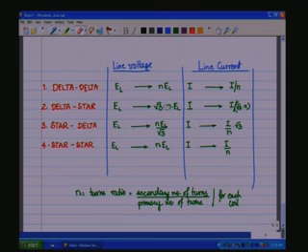So, therefore, in the case of the delta star, the insulation breakdown specification is 1 by root 3 lesser than in the case of the delta for the same primary secondary voltages, because here the secondary phase coil and the primary phase coil are seeing a difference of n times EL, whereas here for the same secondary voltage, the primary and the secondary phase coils are seeing n by root 3 as the voltage difference between the phase coils, and therefore the insulation requirement is less stringent in the case of the delta star.